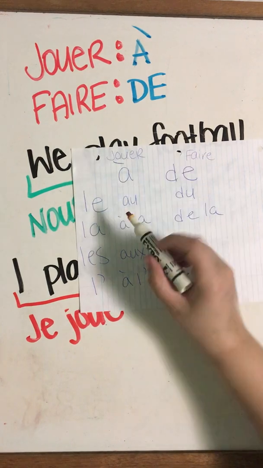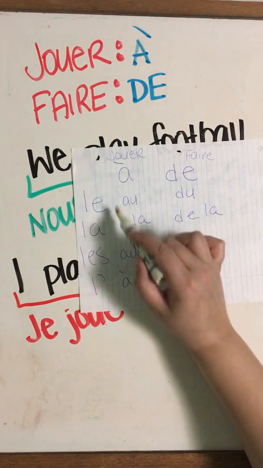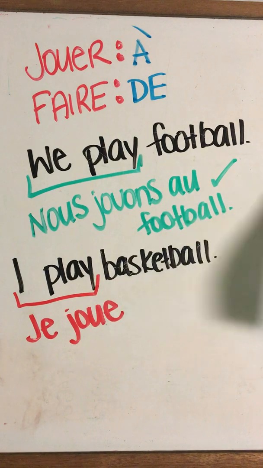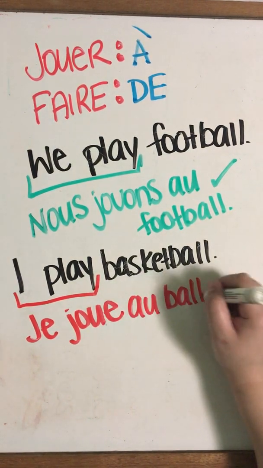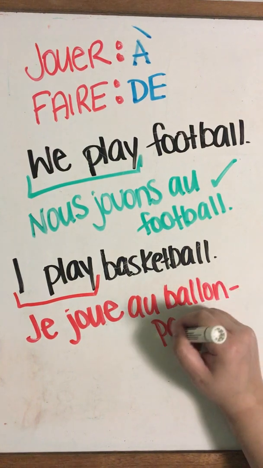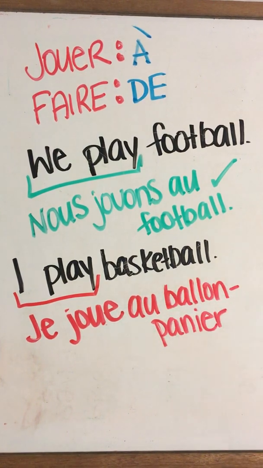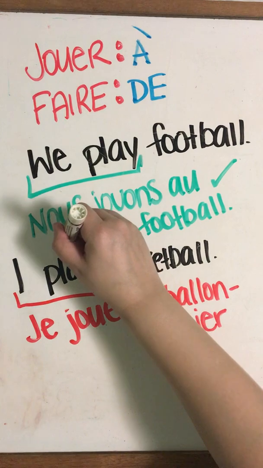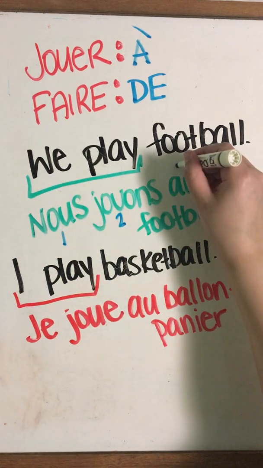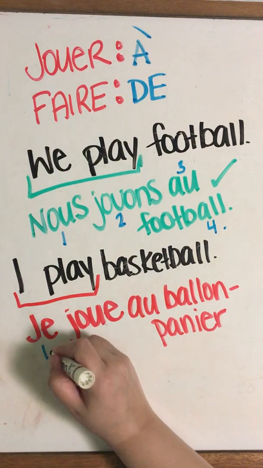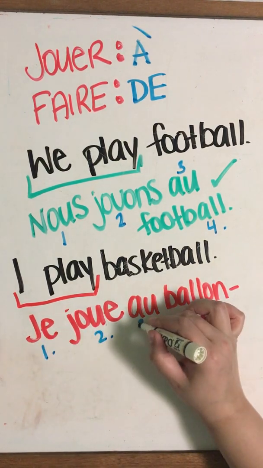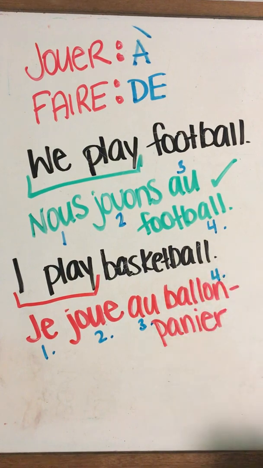Again, we're just focusing on jouer. A plus le is au. Okay, you're going to notice 4 parts to every sentence. 1, 2, 3, and the sport 4. Okay, 1, 2, 3, sport 4.